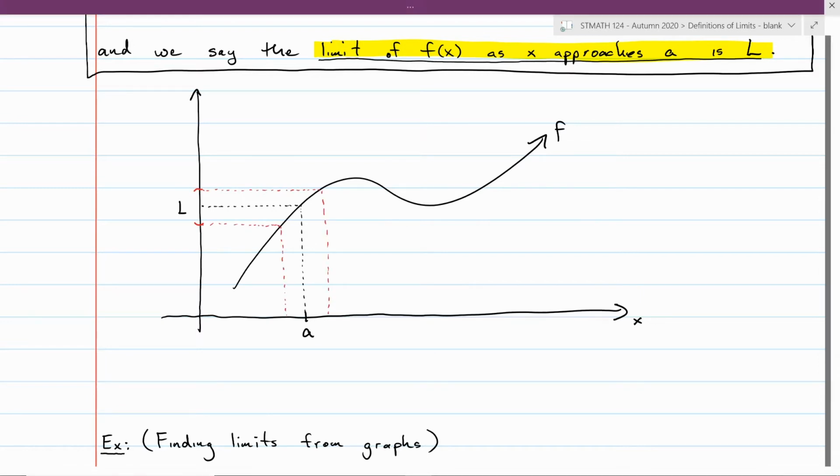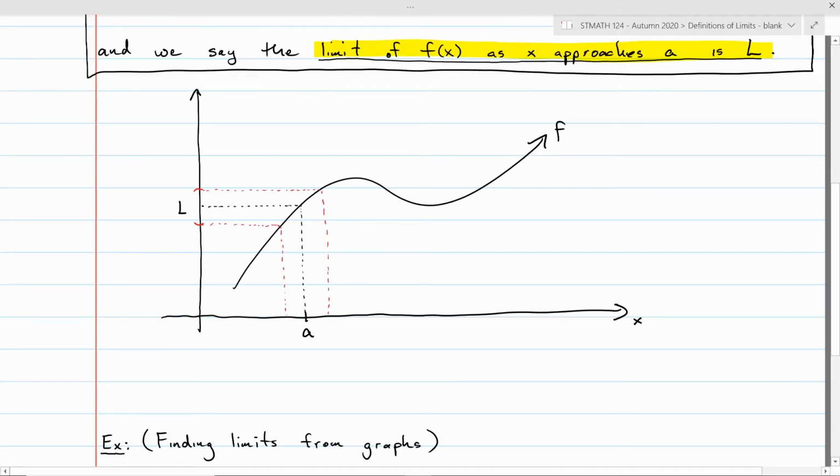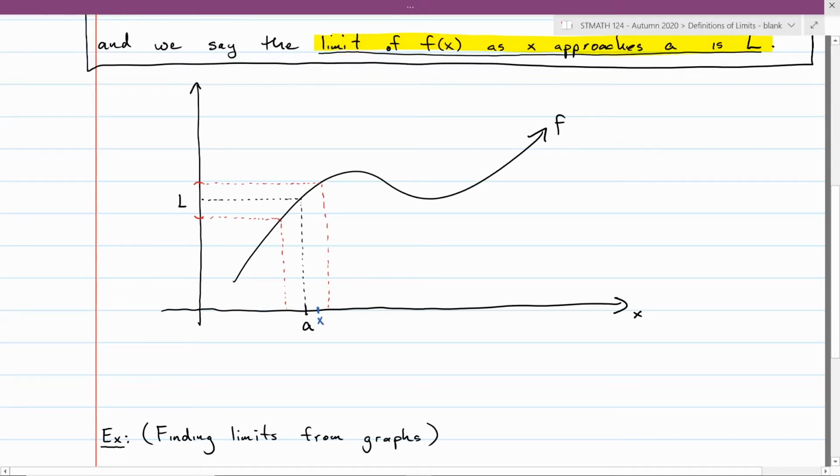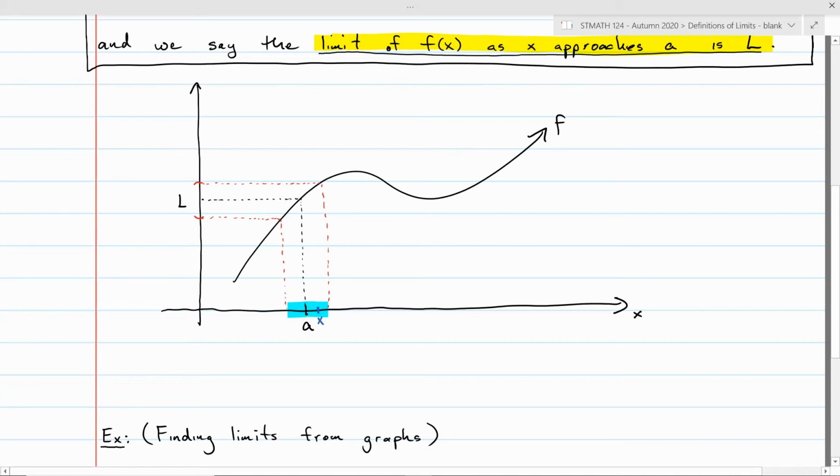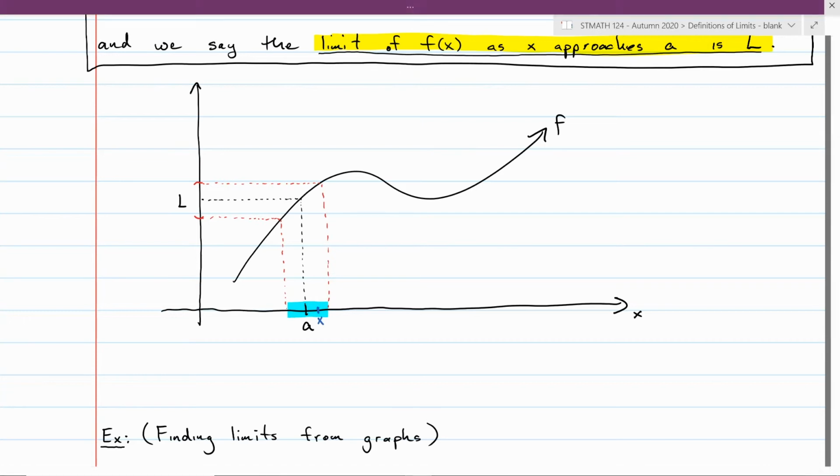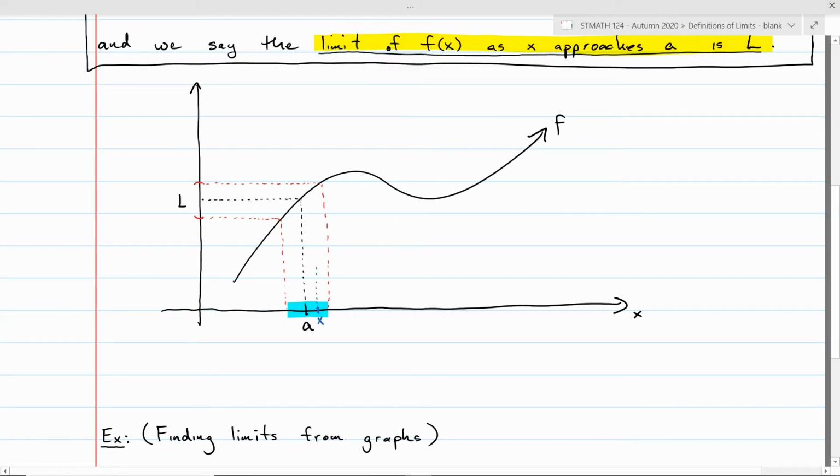As you can see from this picture, as long as I choose my x pretty close to A, within this region highlighted in blue, then when I plug that into the function, the output value is going to be within that desired tolerance that I placed around L at the start.